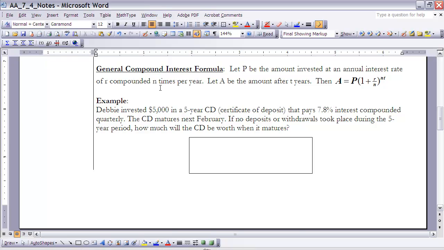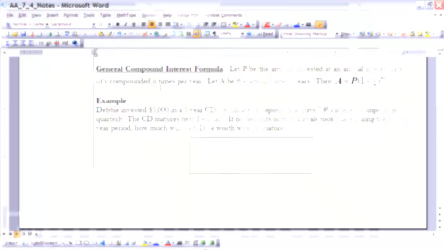So that value is n. And then let A be the amount after T years. So the formula for that would be A equals P times (1 plus whatever the rate is divided by the number of periods, n), raised to the n times T.